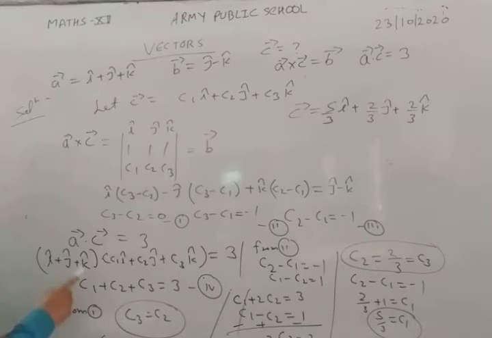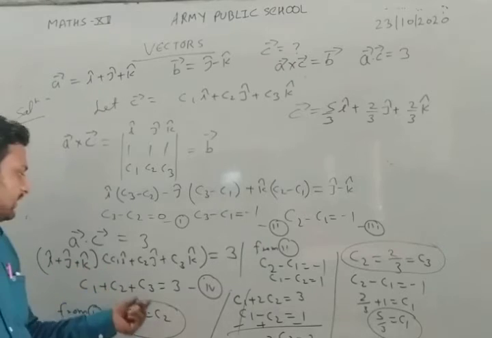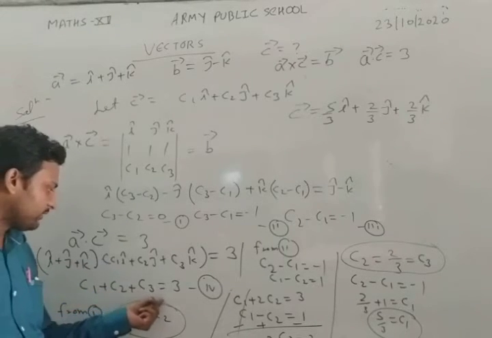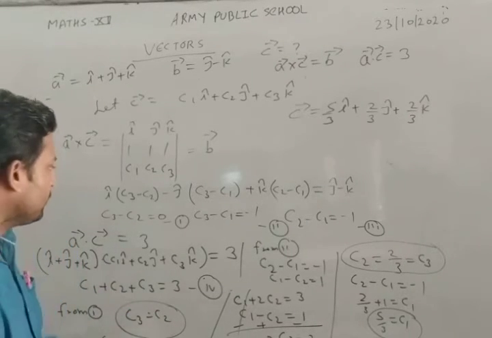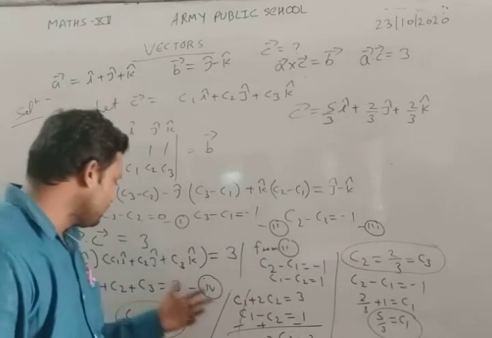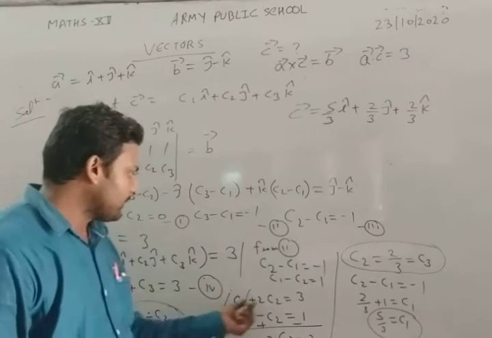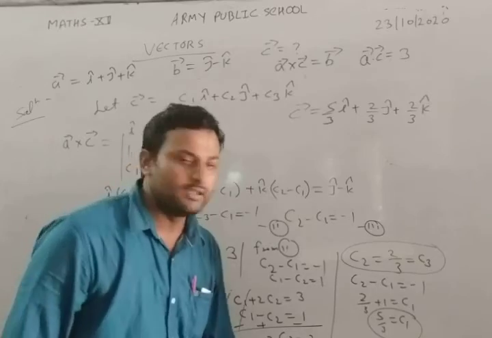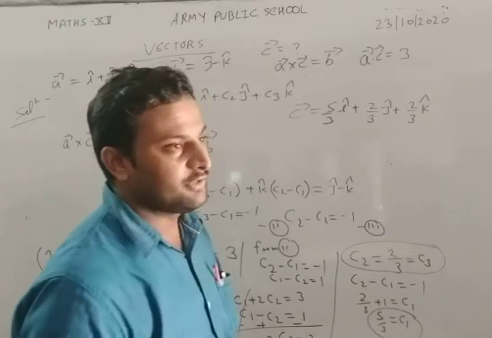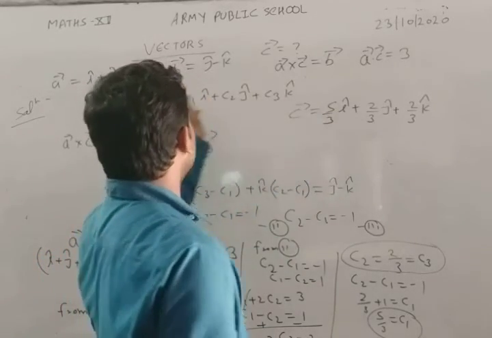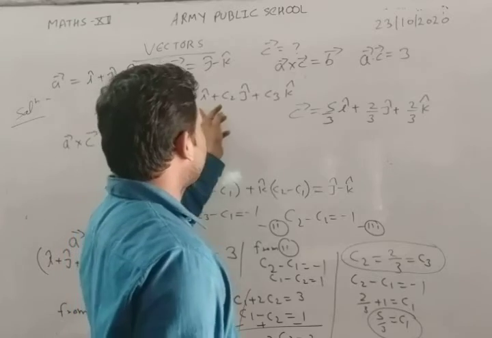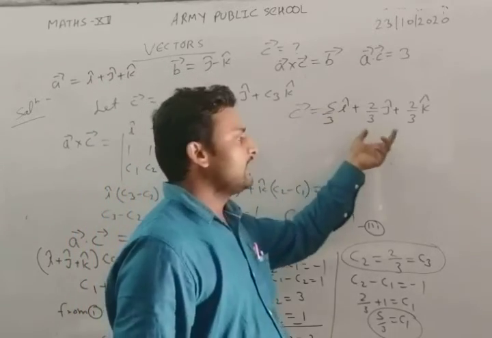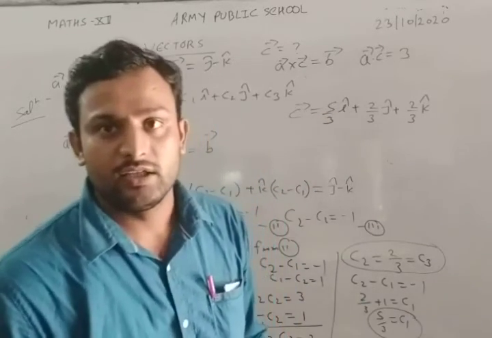Now our second condition is A dot C is equal to 3. So we will put A and C and get the condition C1 plus C2 plus C3 is 3. Now using 1, 2, 3 and 4 we get the values of C1, C2 and C3. We put these values in the vector C, which is C1i, C2j, C3k, and this will be our required result.